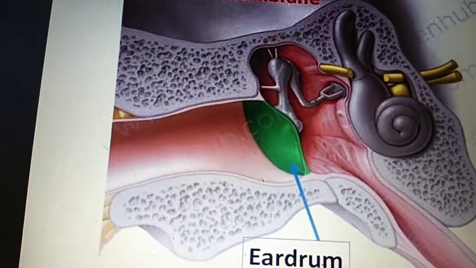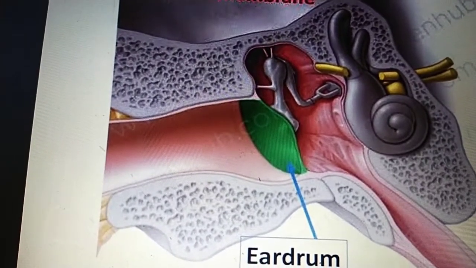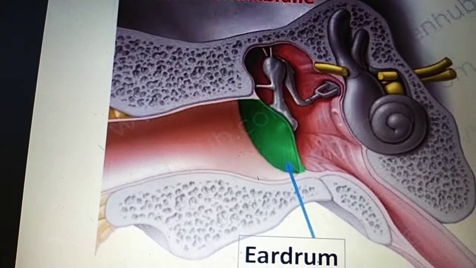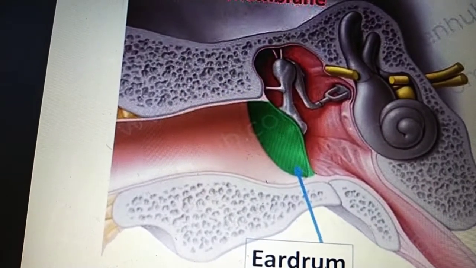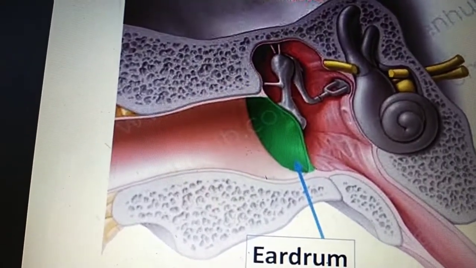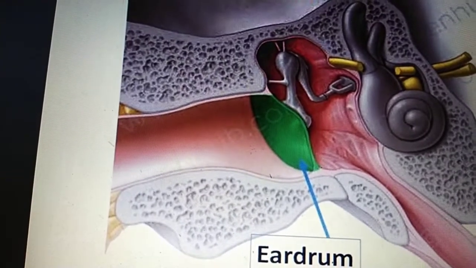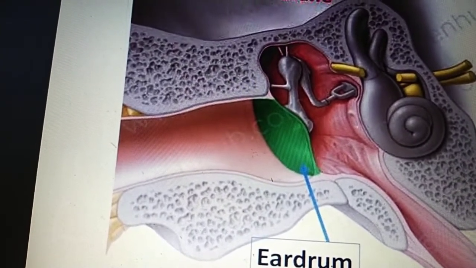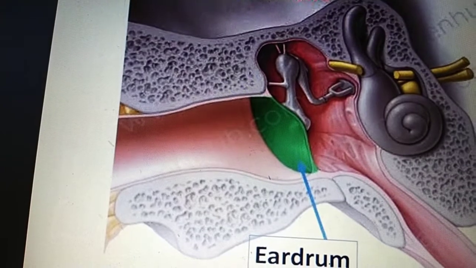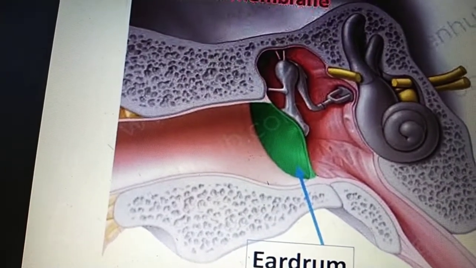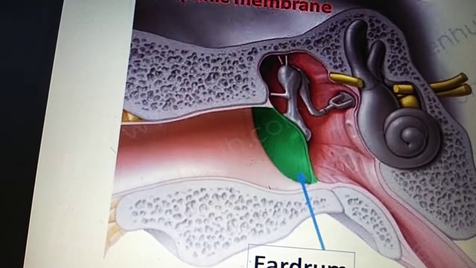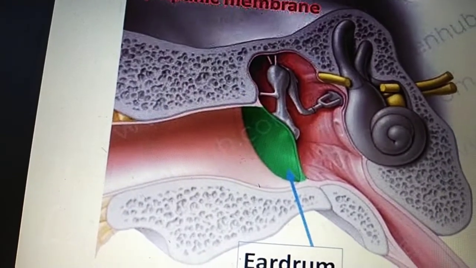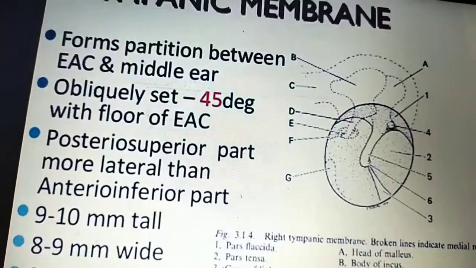This membrane lies across the end of the external canal and looks like a flattened cone with its tip pointed inwards. The edges are attached to the bony ring of the tympanic annulus. This is about the eardrum.